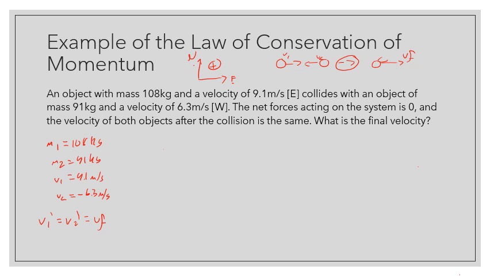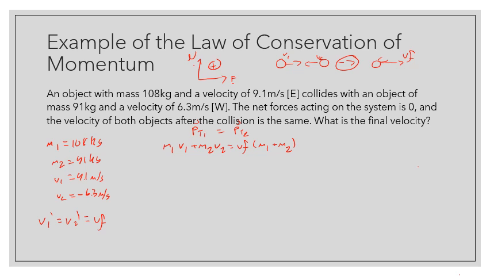So m1v1 plus m2v2 is equal to vf times (m1 plus m2). We get this on the right side of the equation by factoring out the vf from both terms, and this comes from the law of conservation of momentum, Pt1 is equal to Pt2.